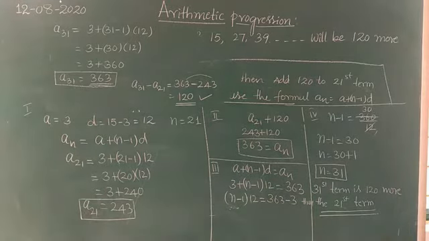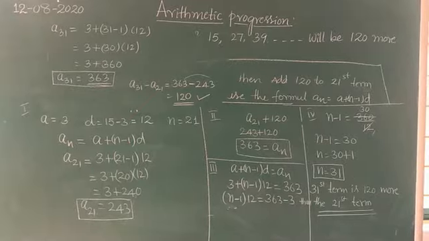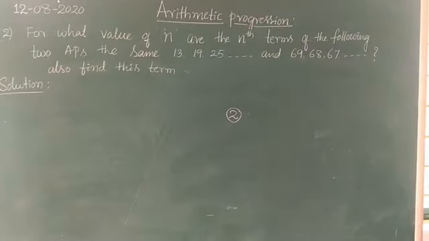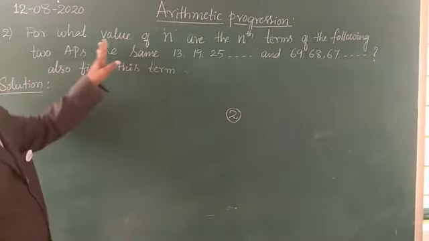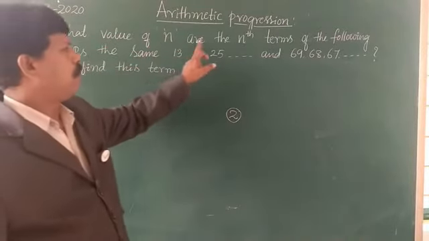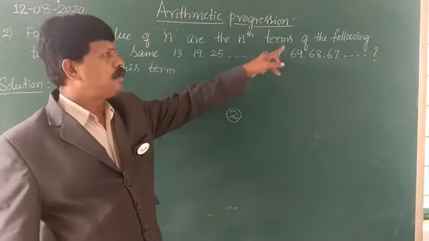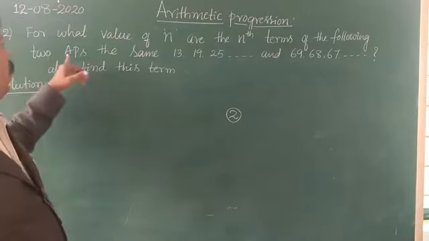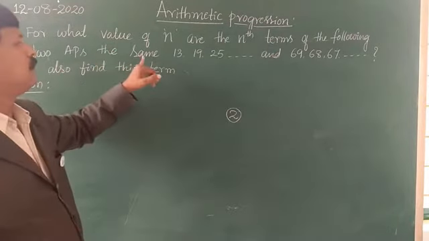Now after this we will take one more problem, the second one. The second question: for what value of n are the nth terms of the following two APs the same?